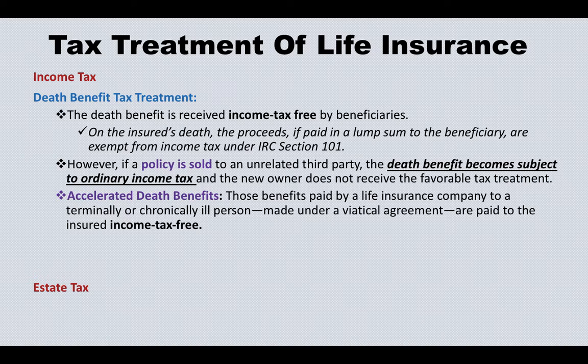In this situation, the owner receives the death benefit income tax free. However, there are all kinds of rules and limitations on it. So you can see there are different situations regarding the death benefit.